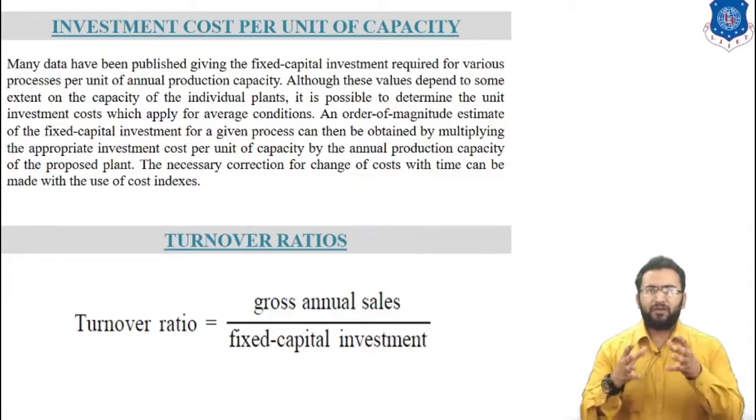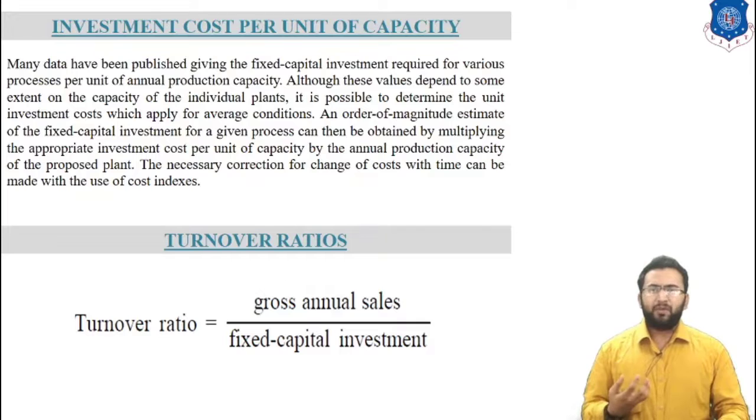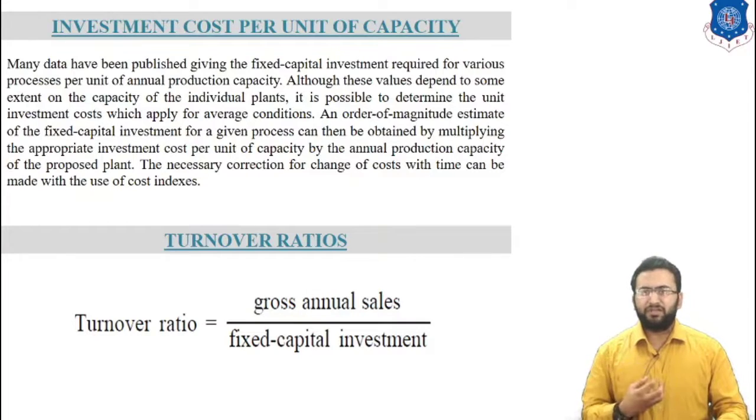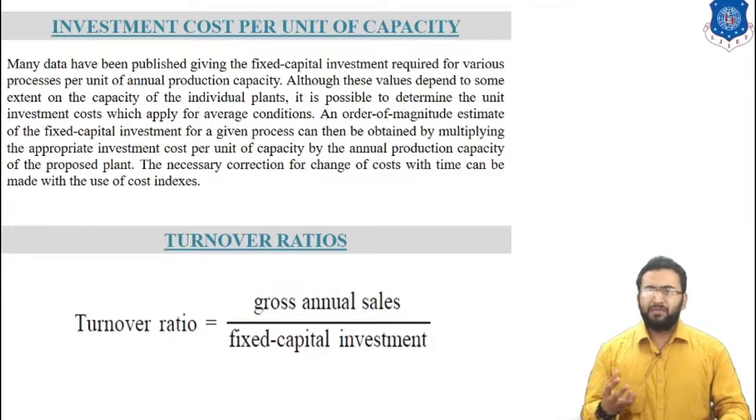An order of magnitude estimation of the fixed capital investment for a given process can be obtained by multiplying the approximate investment cost per unit capacity by the annual production capacity of the proposed plant. The necessary correction for change of cost with time can be made by use of a cost index. So this is all about this method.